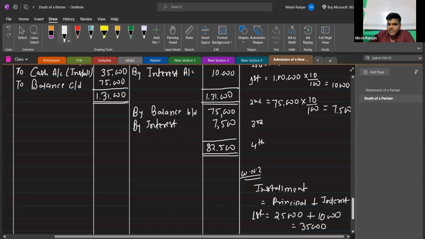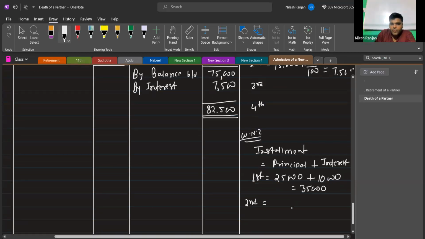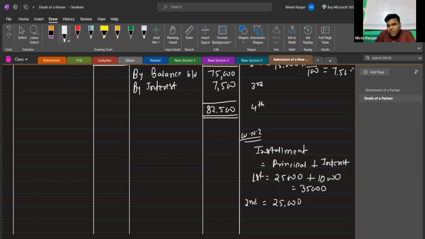Very good. 25,000 is the principal amount. So it will always be same because it is said in the question that we have to pay 1 lakh in 4 equal installments. So it is 25,000 all the time. So 25,000 plus 7,500, it is 32,500.